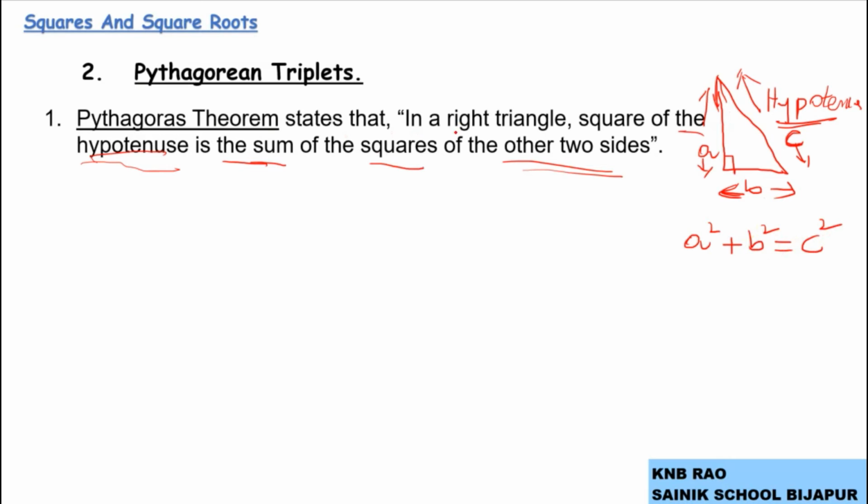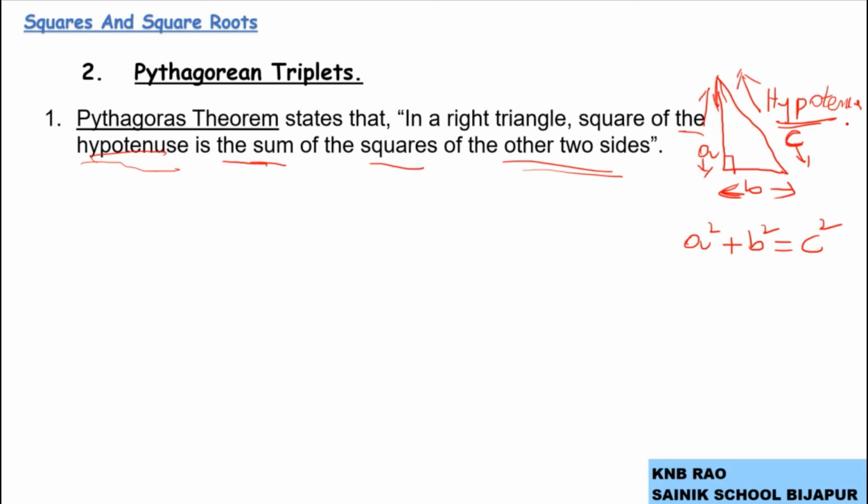That is what Pythagoras theorem tells. So square of hypotenuse is equal to sum of squares of the other two sides, which you learnt in class 7th.